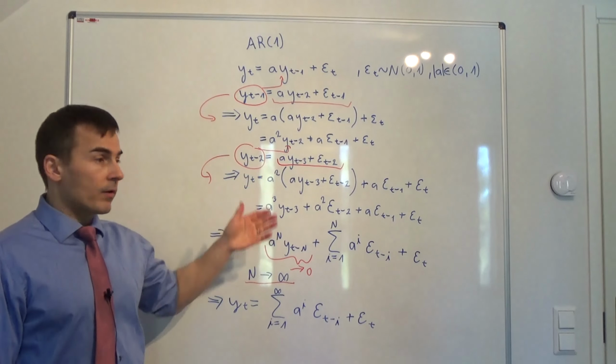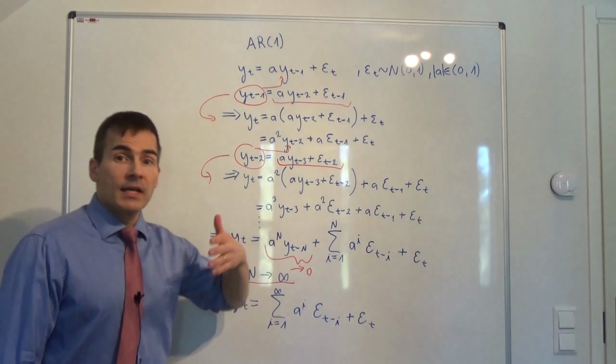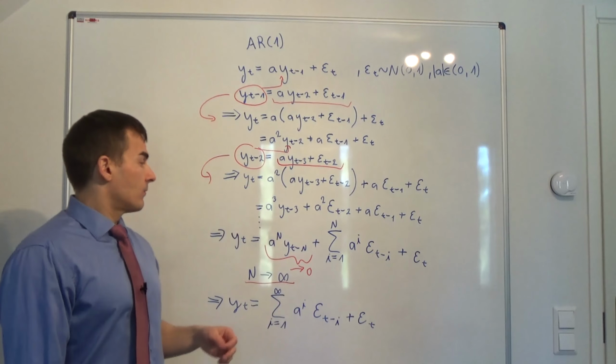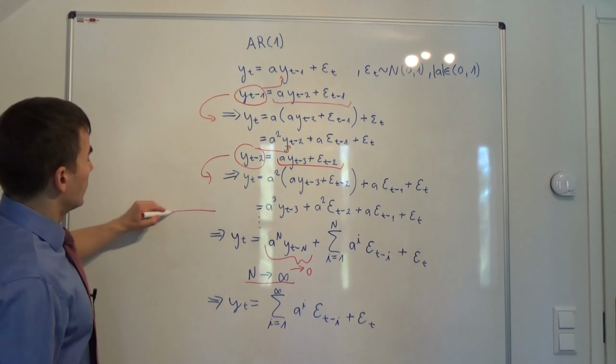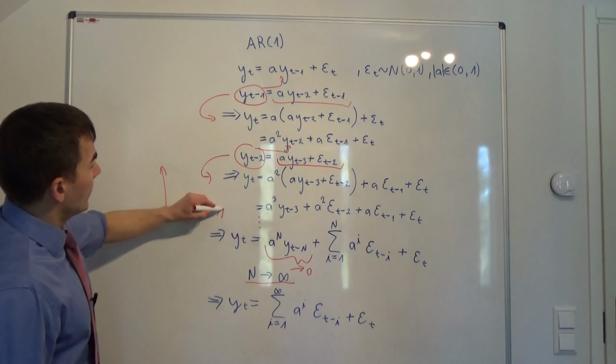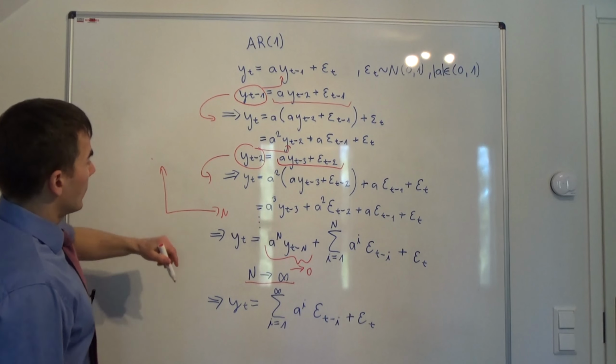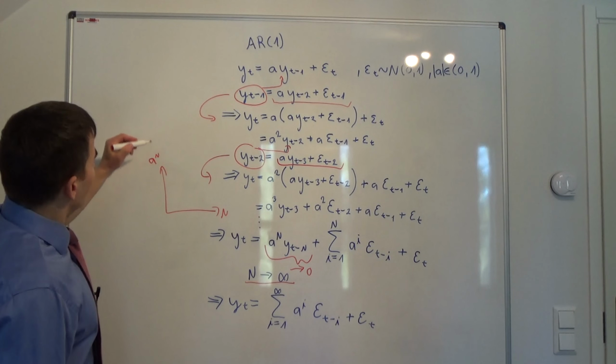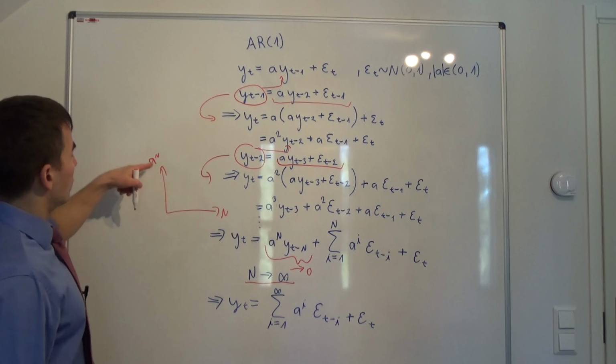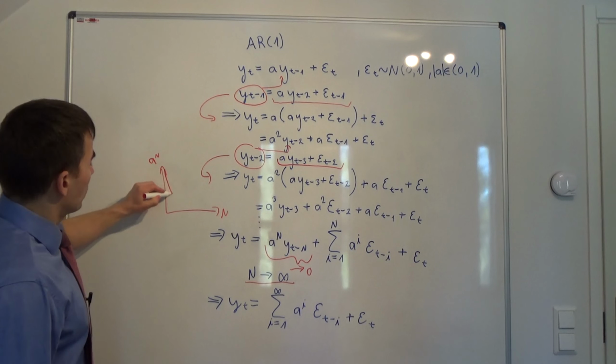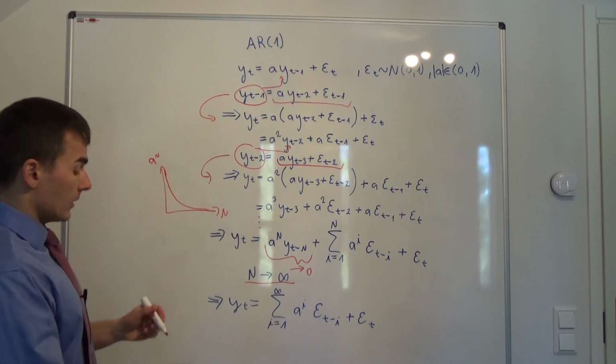It's smaller than 0.9. And if we take 0.9 to the power of 3, it's even smaller. So it decreases, obviously, if n increases. The autocorrelation coefficient becomes smaller and smaller and smaller, and eventually it reaches 0.